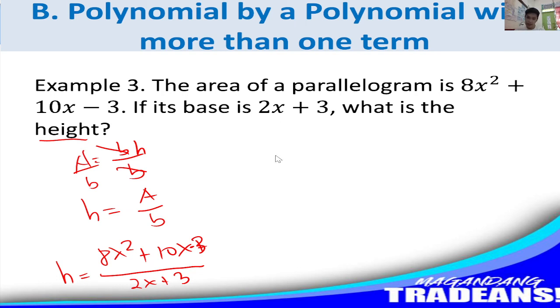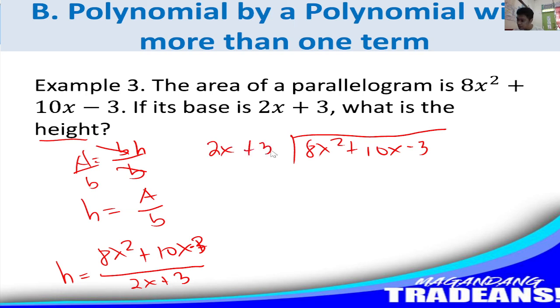So let's have this solution. 8x squared plus 10x minus 3 divided by 2x plus 3. Now, in this case, I would like you to think of a number wherein you are going to have 8x squared as the answer.